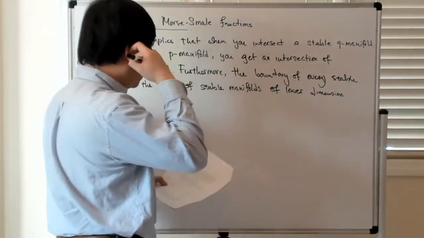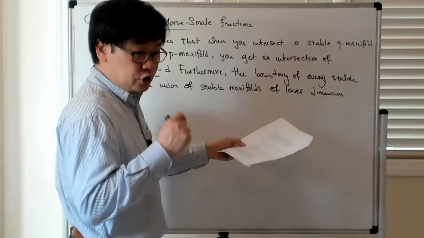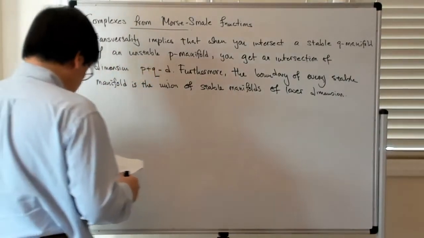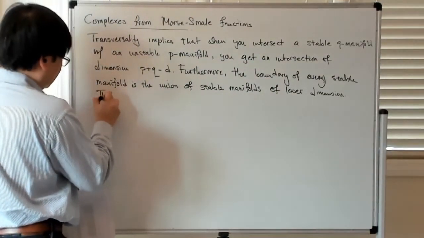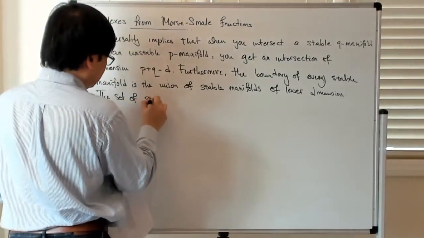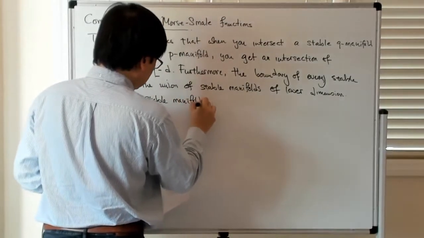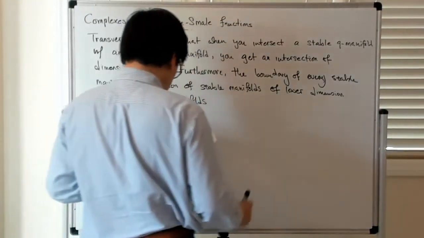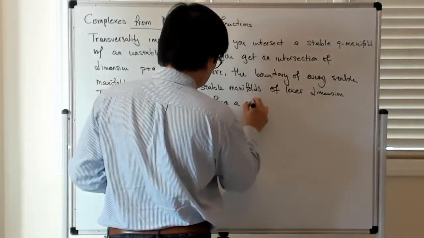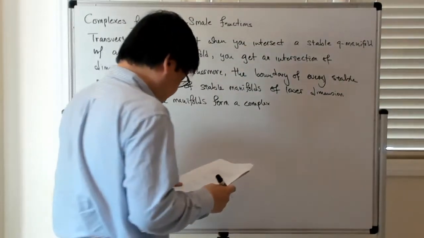I should say that they're lower dimensional, but they don't necessarily have to be just one lower in dimension. We'll see examples of that. And then the claim is that the set of such stable manifolds form a complex, and we can construct this complex one dimension at a time.